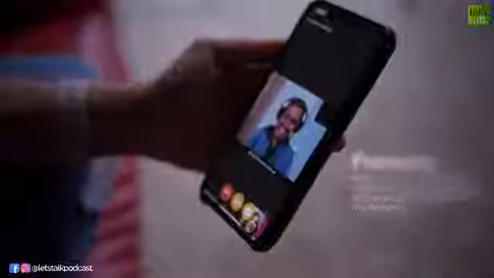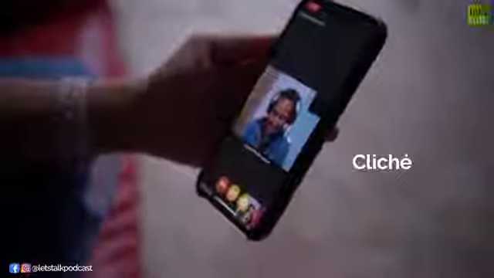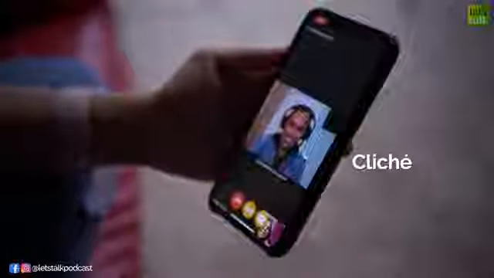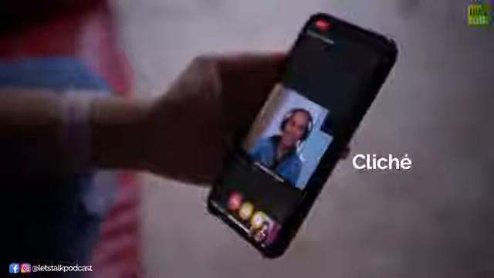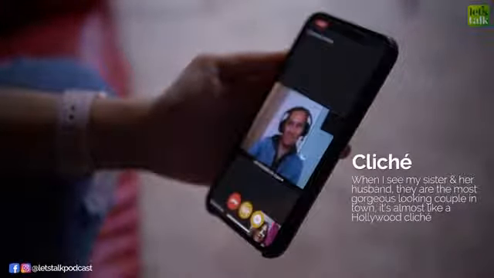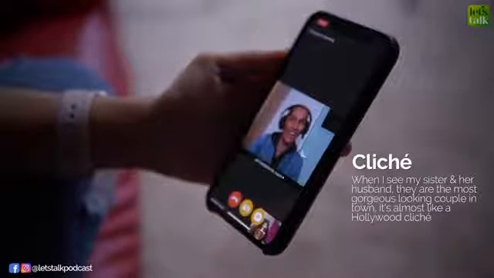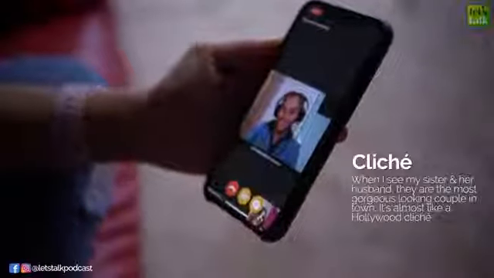That's a good one. And the fourth word would be cliche. Cliche. When I see my sister and her husband, they are the most gorgeous looking couple in town. It's almost like a Hollywood cliche.